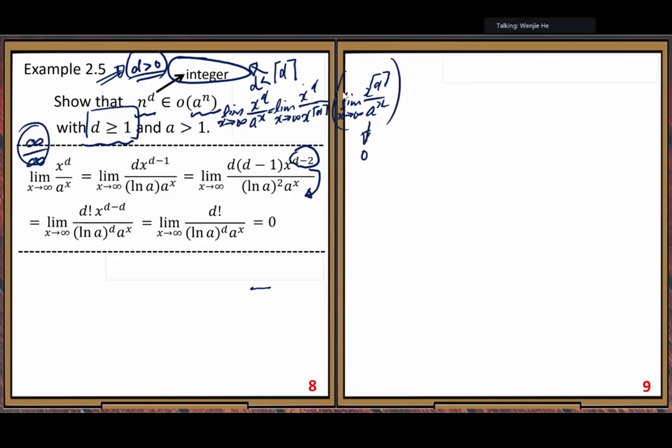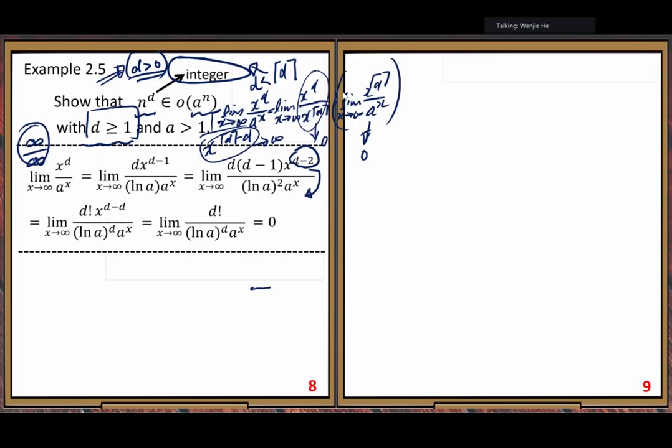And this one also has limit 0, because the denominator grows faster than the numerator. In the first part, you get x to the ceiling of d minus d in the denominator, and this goes to infinity. So 0 times 0, you get 0.